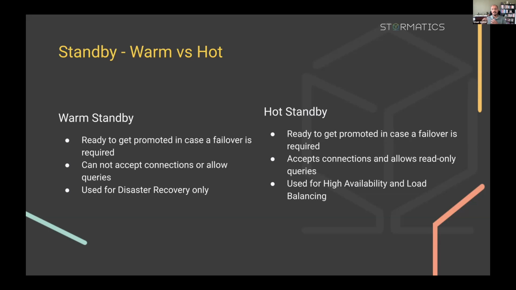But it is ready to take over, or it is something that we can use to recover from disasters in case it comes down to it. So there's a combination of hot and warm standbys that some customers want, and hence the concept continues to exist.